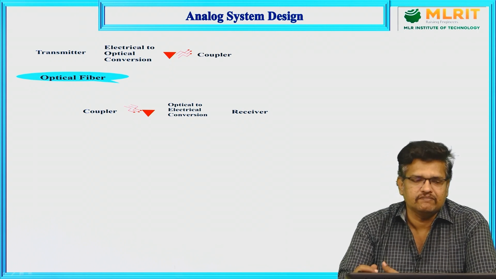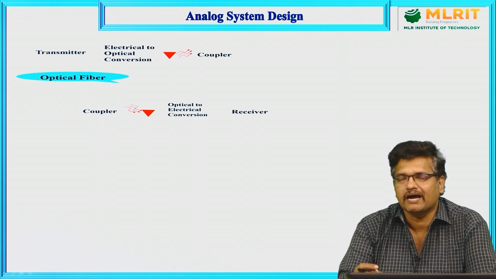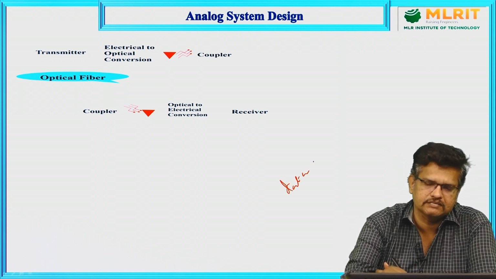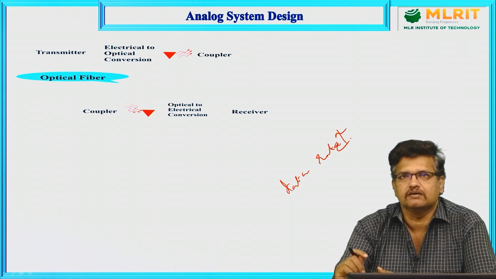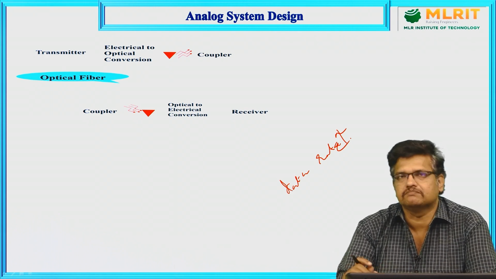If we use a light signal, the data rate will be high. That is very important in optical fiber communication systems. The data rate is very high here. That's why we use optical fiber communication systems rather than conventional systems.